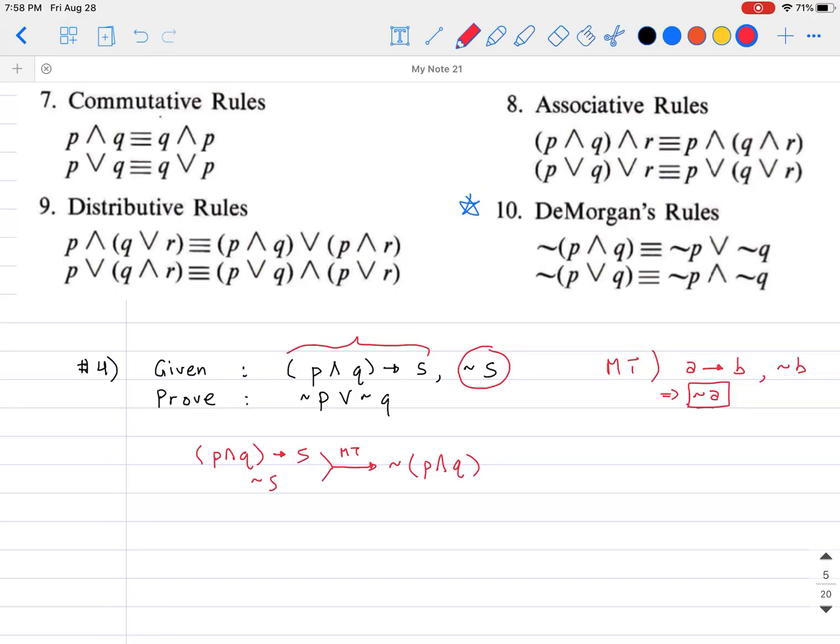Now, looking at what we have and what I'm trying to prove, I definitely think we got it, because if you look at number 10, De Morgan's rule, the one we just proved up there, this is exactly the same thing. So here, what I can say is I can use De Morgan's rule. Oh, that's not how you spell De Morgan's. Let me erase that.